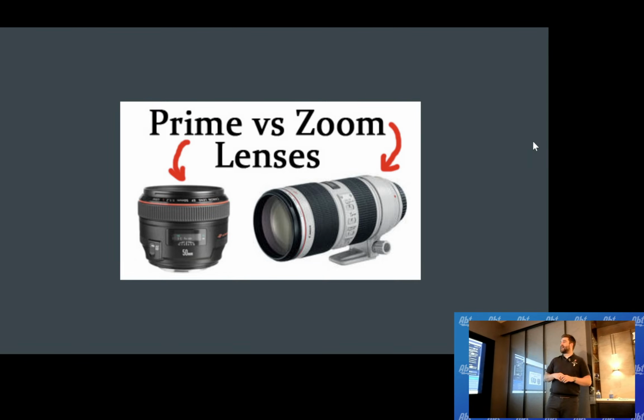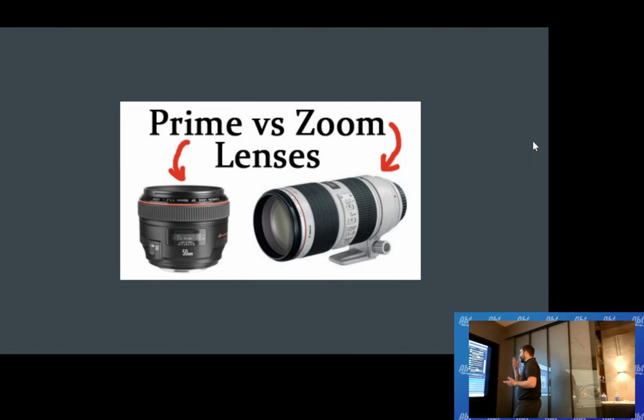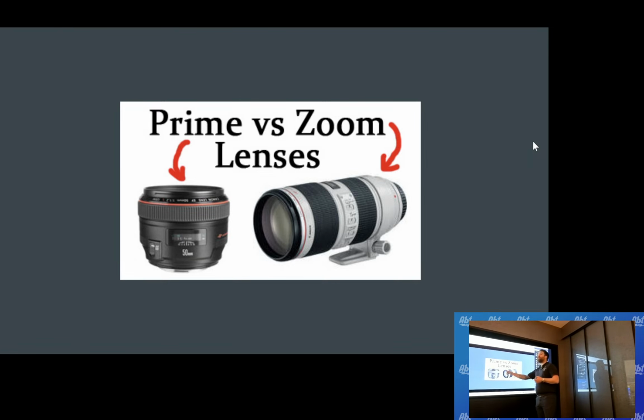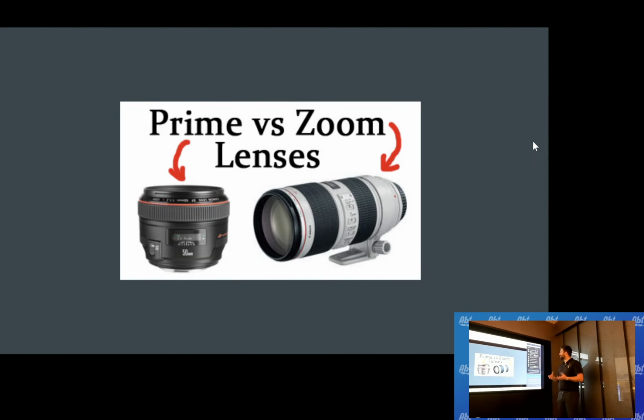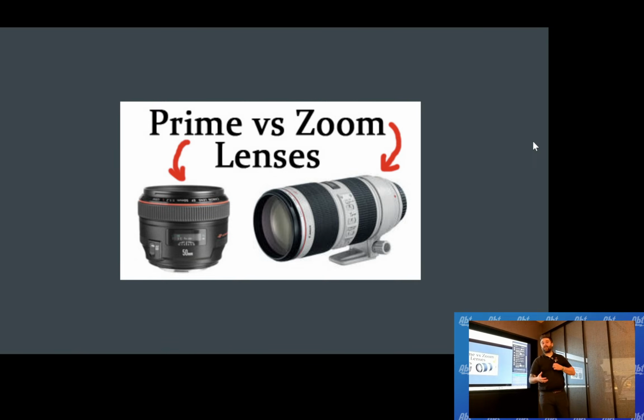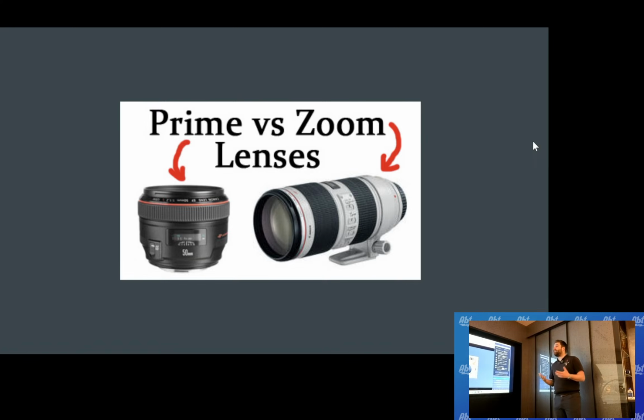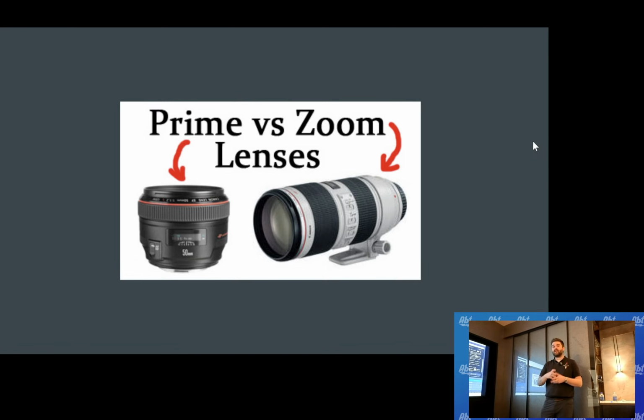The negative side to the zoom lens is that it weighs a heck of a lot more than the prime lens does. A lot more glass, components, metal. That being said, they're a little bit bulkier and tougher to bring around. Portrait photographers love the 50, love those smaller lenses because they can bop around and do what they need to do without getting fatigued.